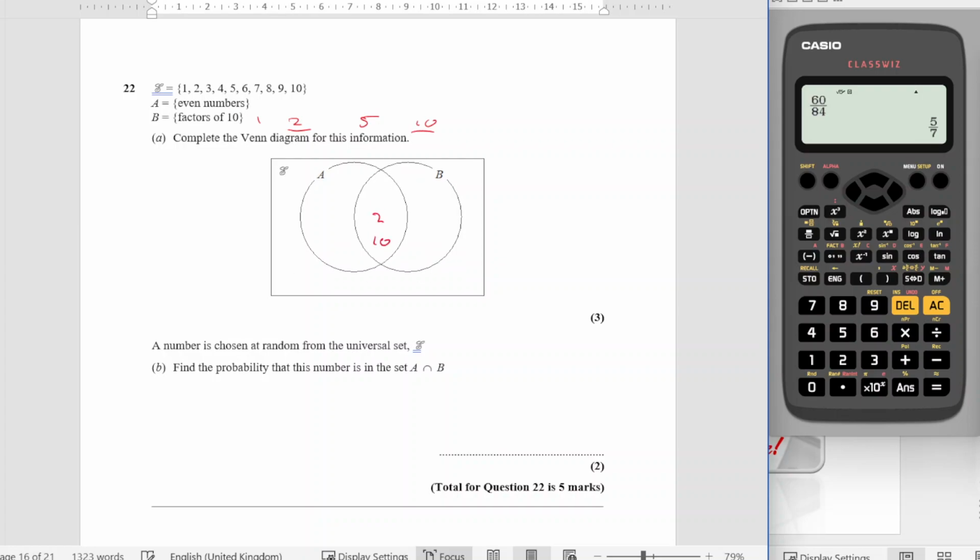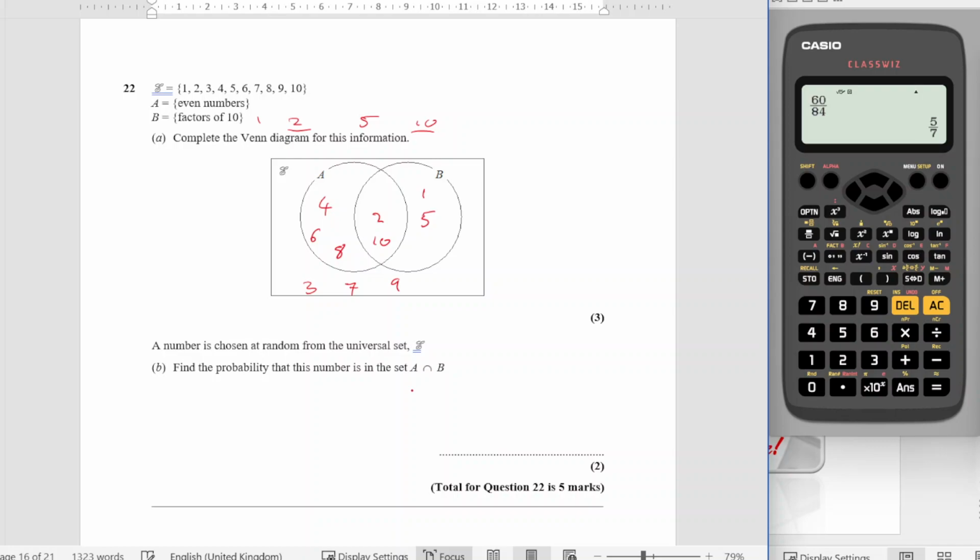The other factors of 10 are 1 and 5, and the other even numbers are 4, 6, 8. Then on the outside, I've missed some numbers: 3, 7, 9. So that's my completed one.